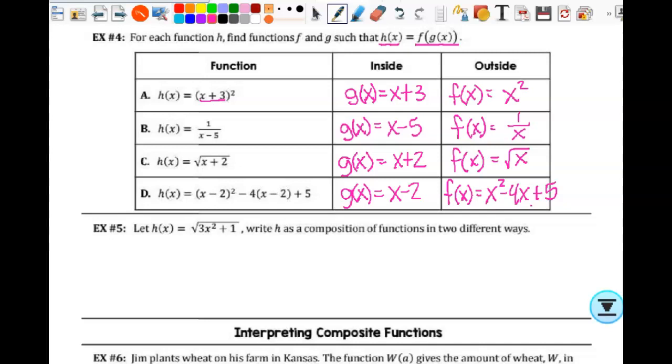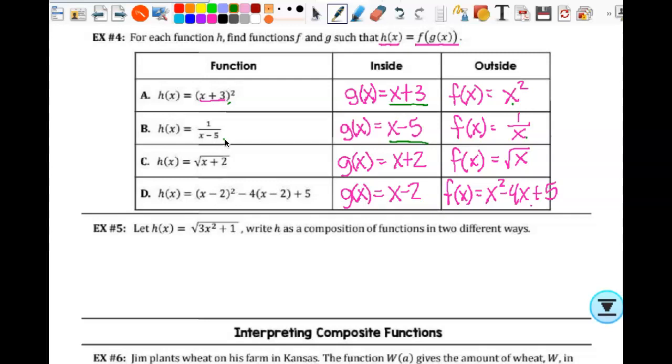Any questions at all? So if we go the other direction, if you want to find f of g of x, if I take g of x and substitute it in here, I get this. If I take x minus 5 and I substitute it in right there, you get that. We're going backwards, okay? Does that help? Okay. Anybody else? Thank you for saying something.